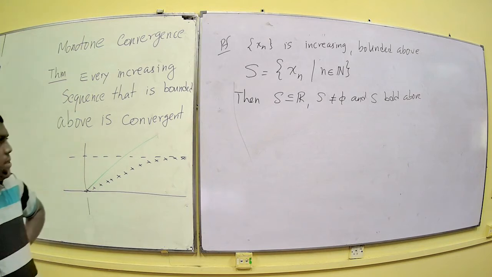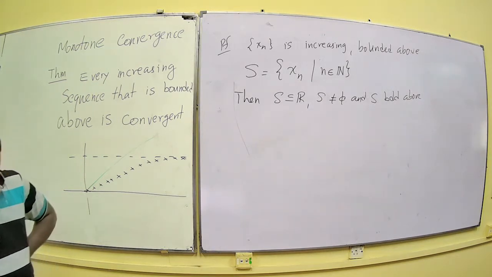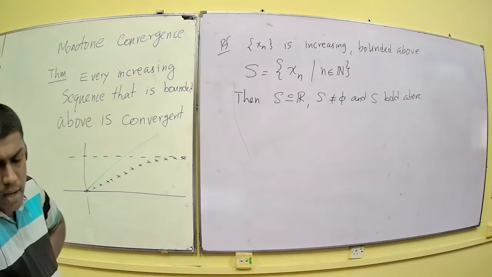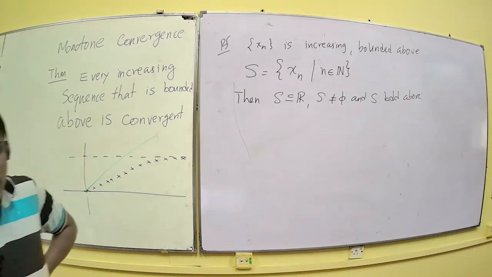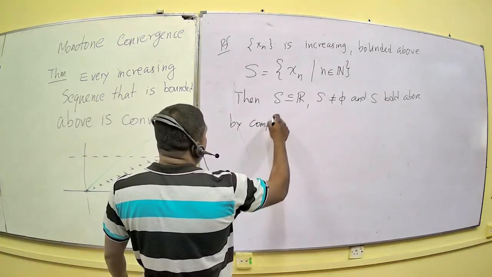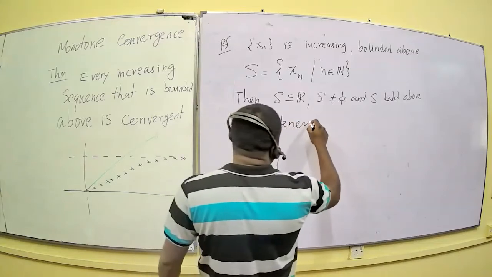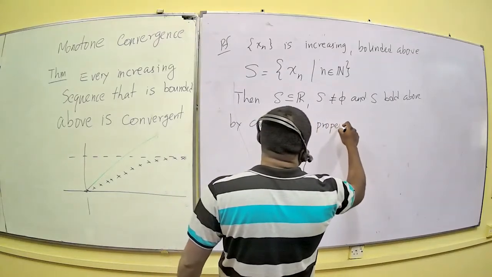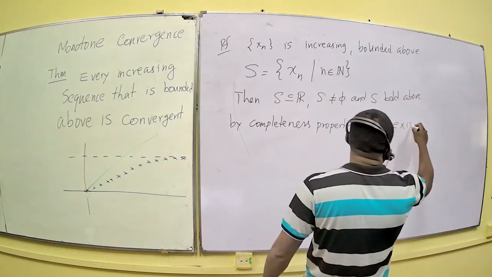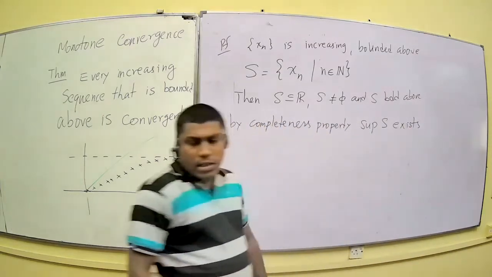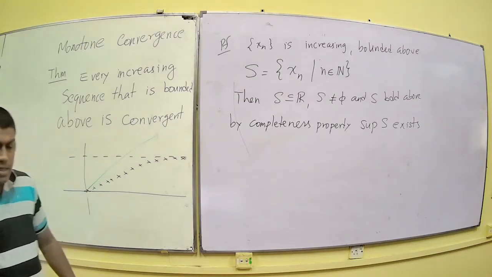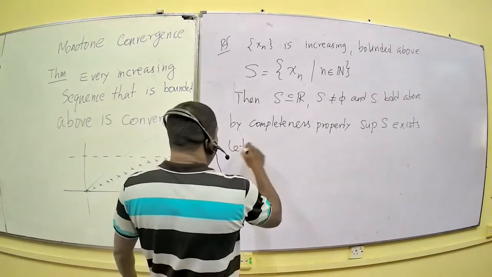Because all the components are real values, and also because the sequence is bounded above, the set is also bounded above, right? So then it comes down to completeness property, right? So by completeness property, you know that supremum of S exists, right?